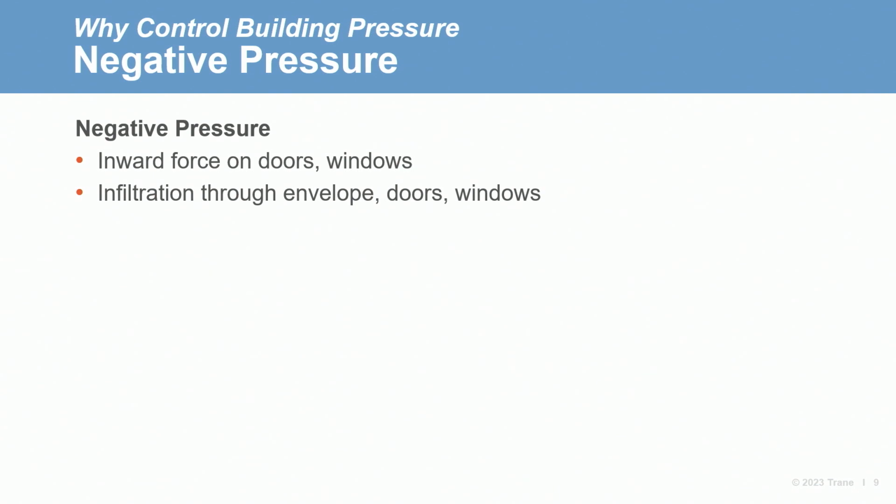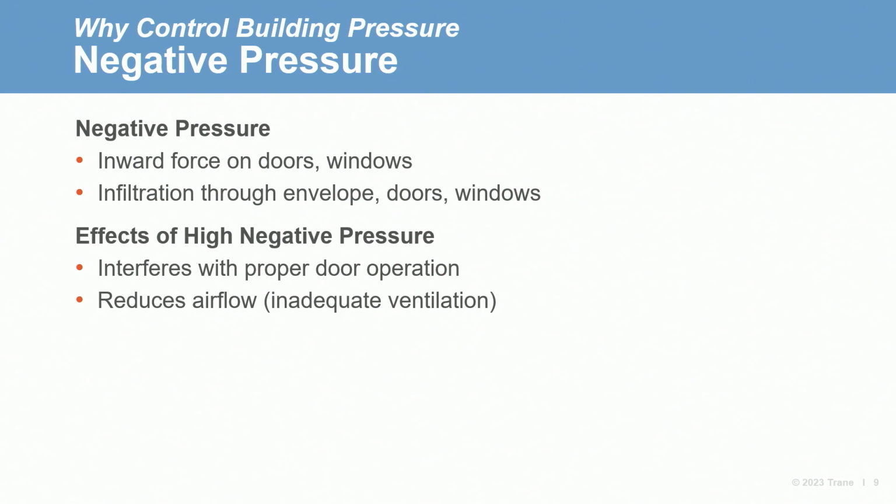Outward swinging doors can become difficult to open, and inward swinging doors tend to stand open, which could affect building security. In fact, the Americans with Disabilities Act and building codes set limits on door opening force. Too much negative pressure reduces exhaust fan airflow, which can result in poor ventilation.